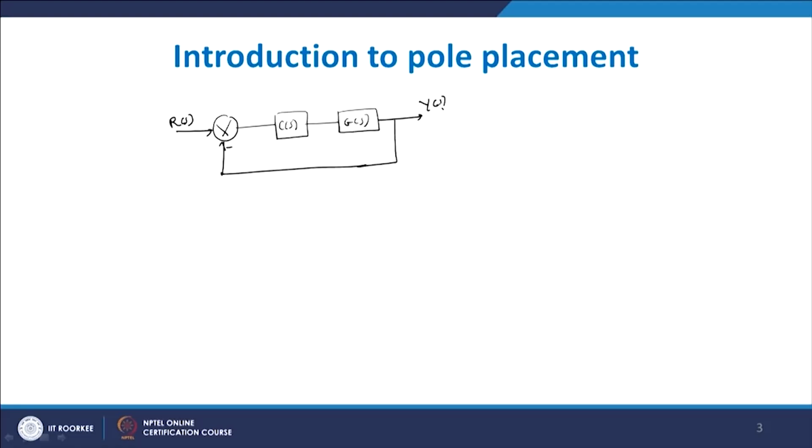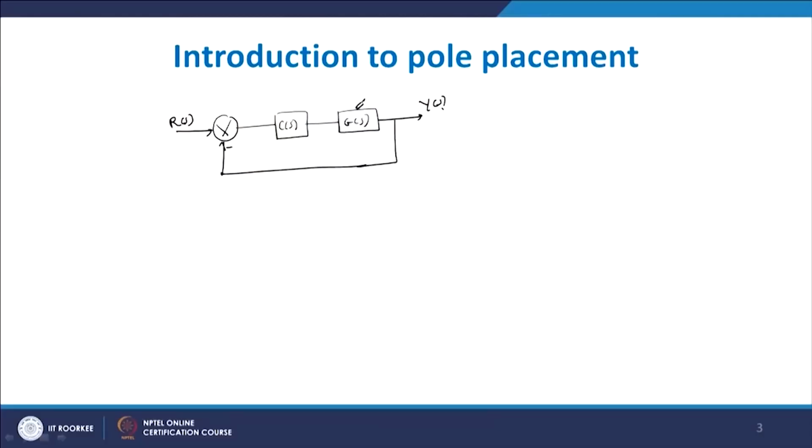First of all, why is there a need for a controller? A controller is needed because this plant G(S) in open loop response is not satisfactory.